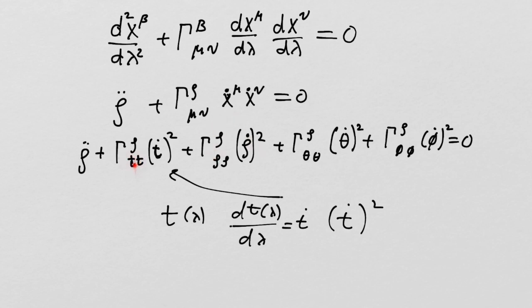It turns out it's just tt, theta theta, and phi phi which are non-zero. In each case, because these two indices are the same, you end up with the square of the corresponding function here. So this one has all 4 of the functions we're seeking in it. What we're seeking ultimately from this equation is x mu of lambda, which is x0 of lambda, the same as t of lambda.